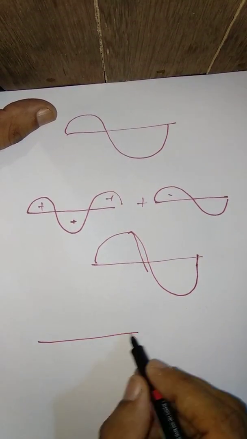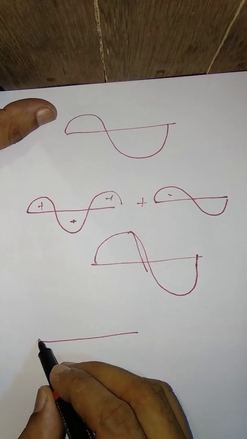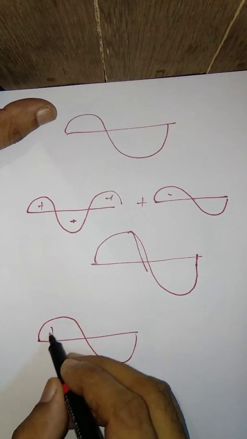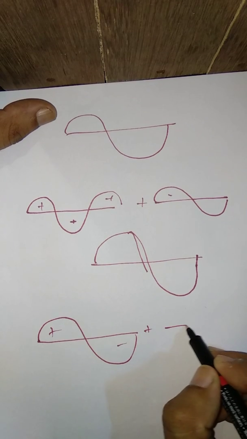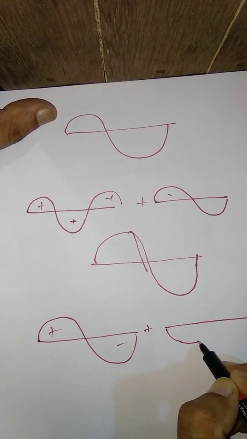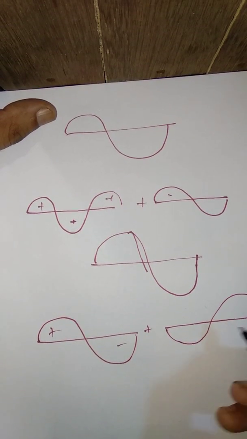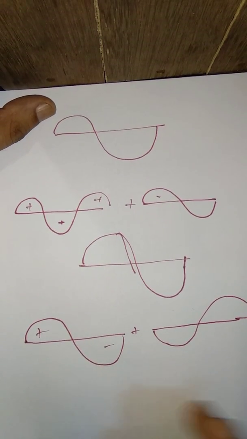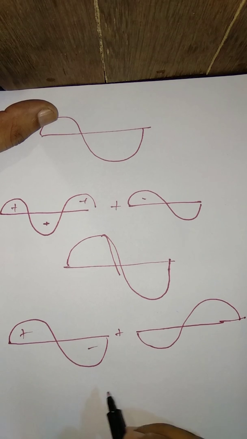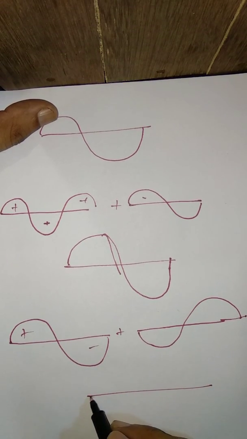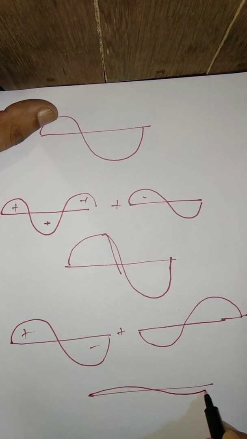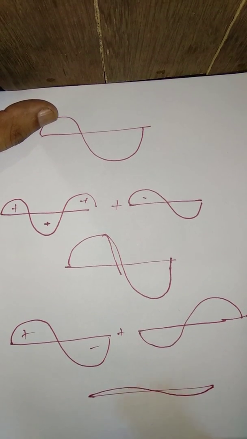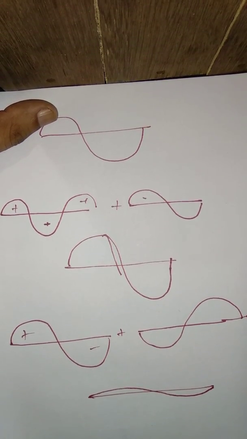But if the two waves have very different order, this is plus and minus, and the other wave comes like this one, if they are in opposite phase, the result may be destructive, and here the amplitude may go down. This can be seen in sound or light.